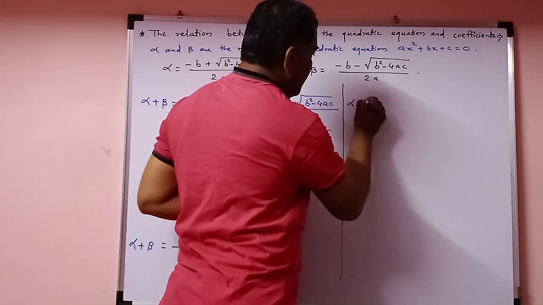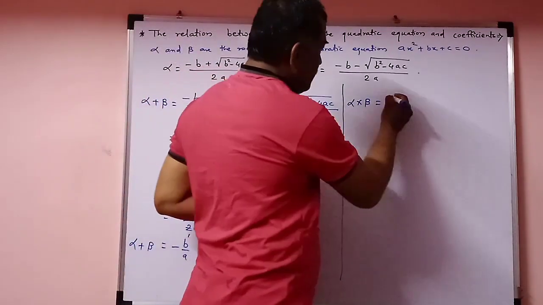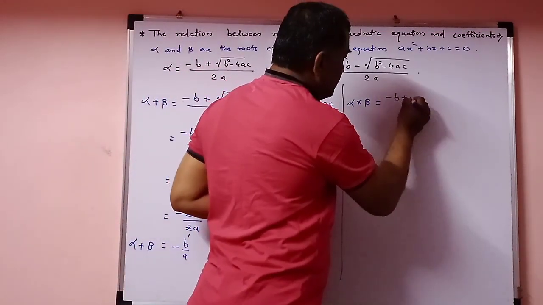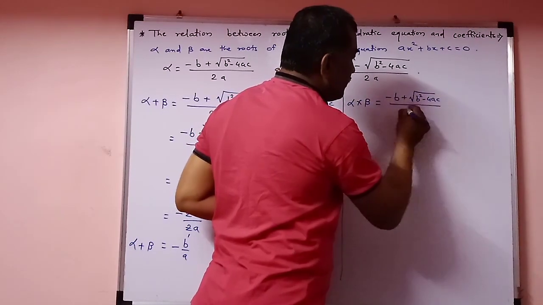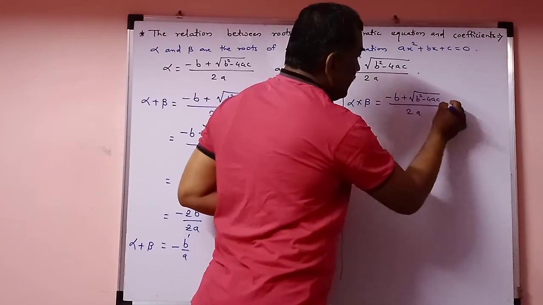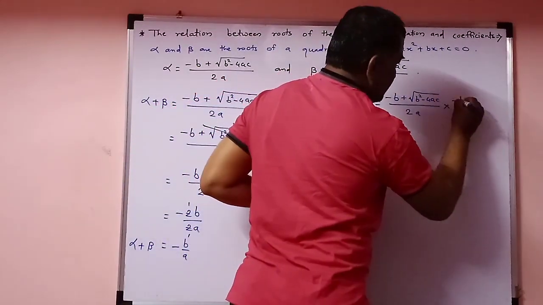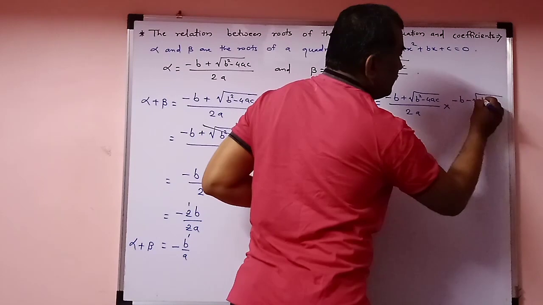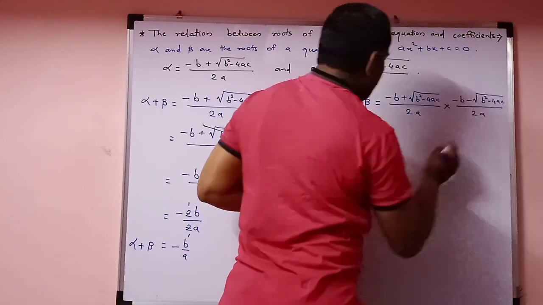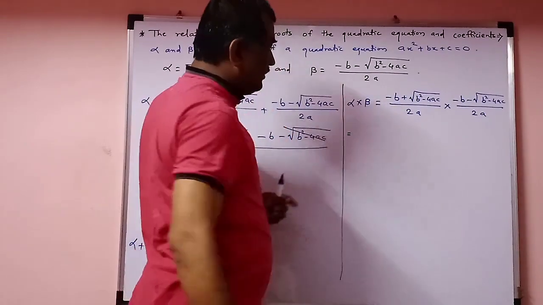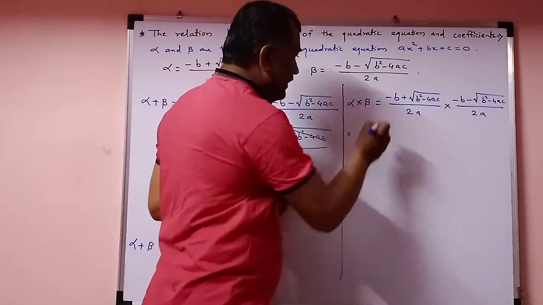Alpha into beta, where alpha is equal to minus b plus square root of b square minus 4ac upon 2a, into beta is equal to minus b minus square root of b square minus 4ac upon 2a. Then the multiplication of numerator upon multiplication of denominator.